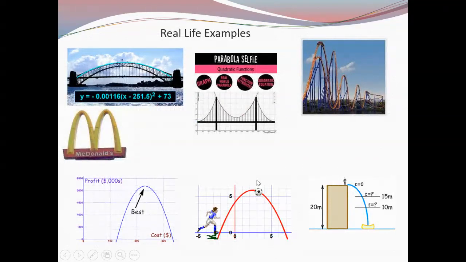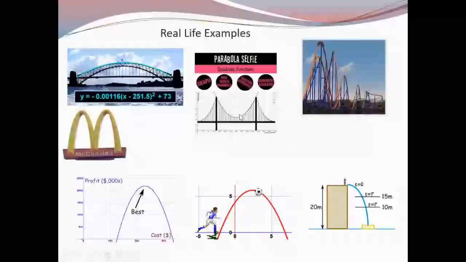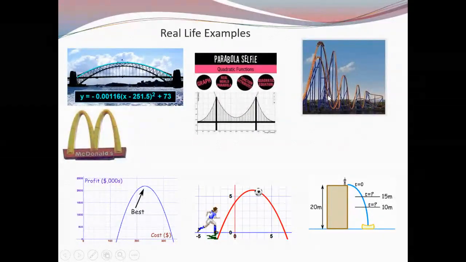Okay, now how do we apply this in real life? All these are examples of parabolas, of quadratic equations. For example, a quadratic equation means it's like a loop, right? Something like a loop like that. This is also an example. This is like a polynomial, but it has many quadratics. The arc of McDonald's, you see, it has two quadratics. And this is how you apply them in word problems in mathematics.